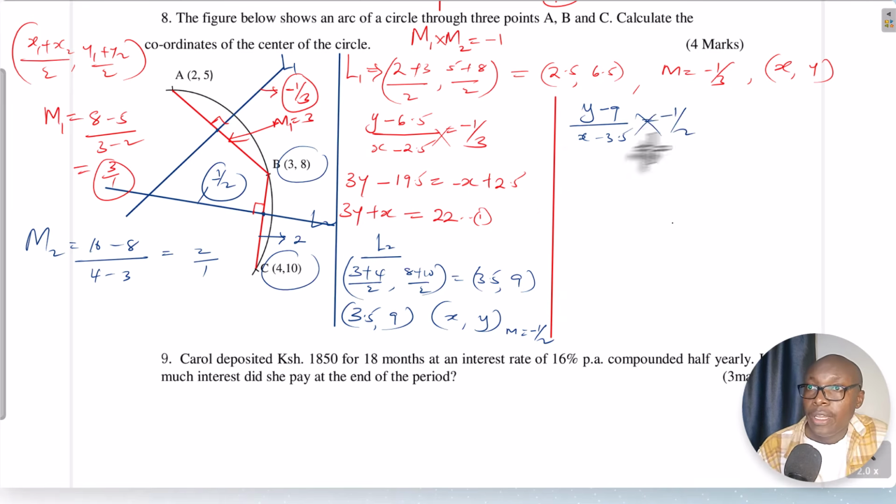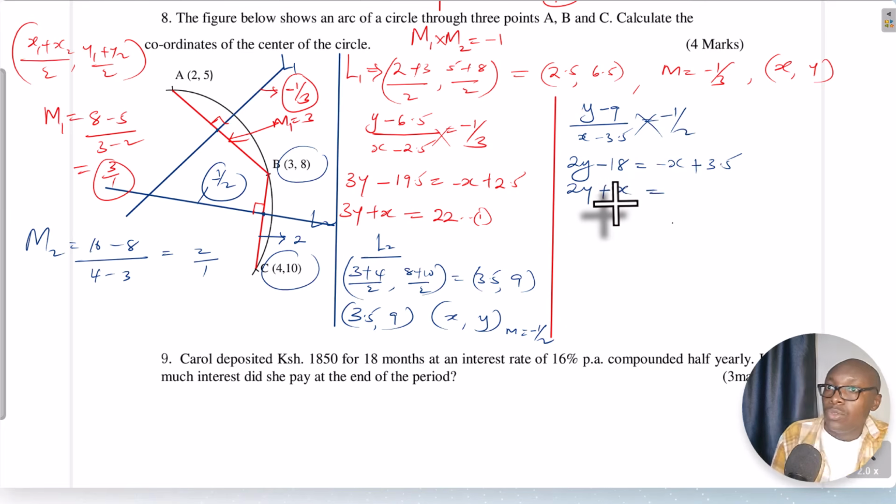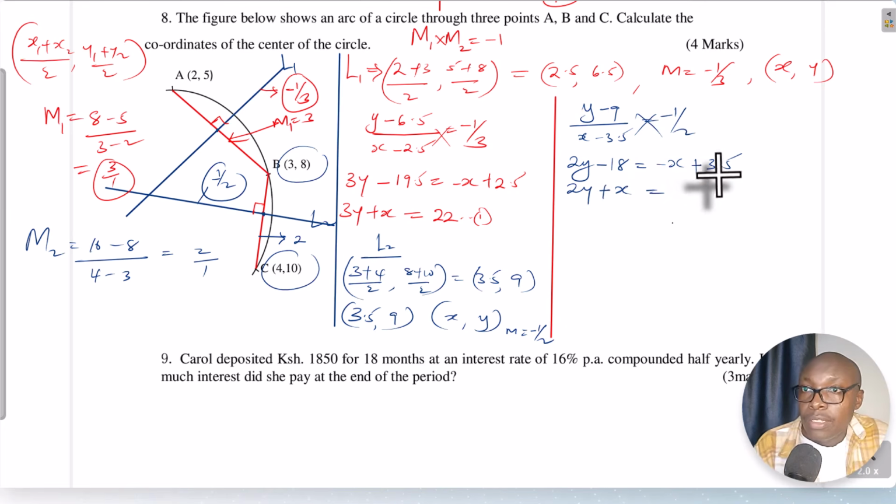So cross multiply. So this will give 2y minus 18 is equals to negative x plus 3.5. So this should give 2y plus x is equals to 18 plus 3.5, that will give 21.5. So this is equation 2.